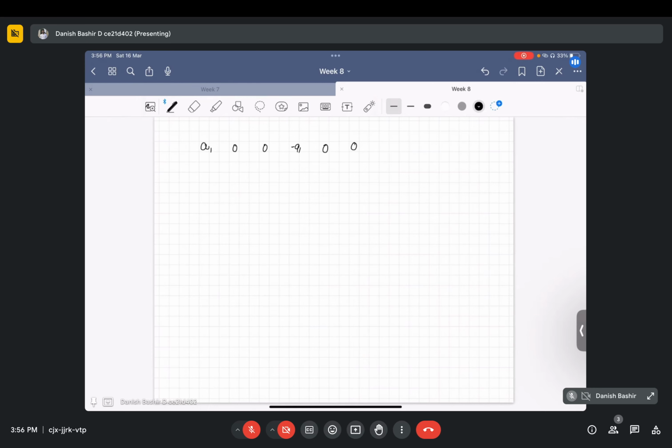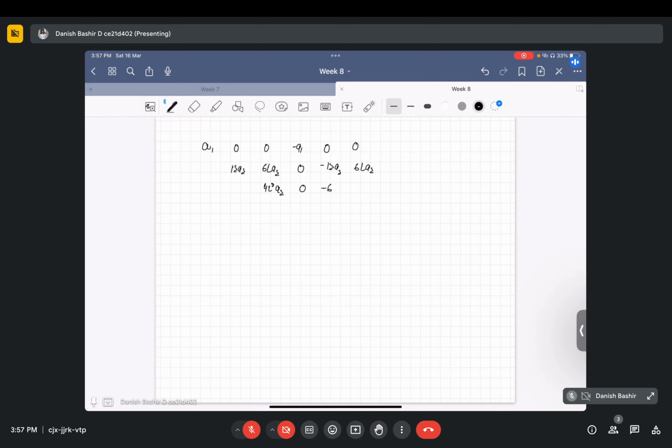In the second row, I have 12A2, 6LA2, 0, minus 12A2 and 6LA2. Then here I have 4L square A2, 0, minus 6LA2 and 2L square A2.